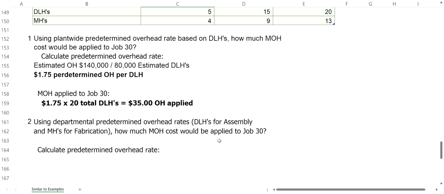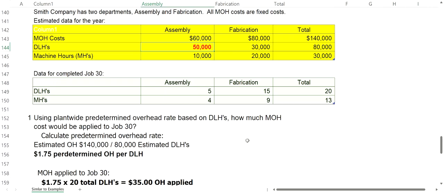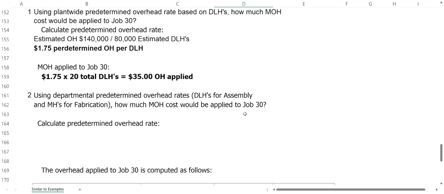And we are going to use machine hours for fabrication. So as I look at fabrication, I will highlight here, fabrication used 20,000 machine hours. Okay, so keep that in mind as part of our calculation. So I do need to calculate a predetermined overhead rate for assembly and for fabrication.